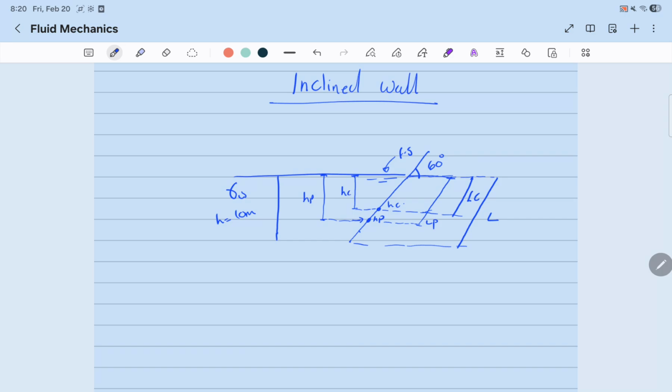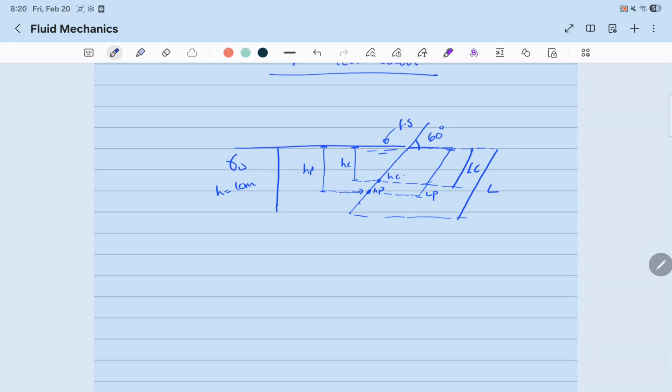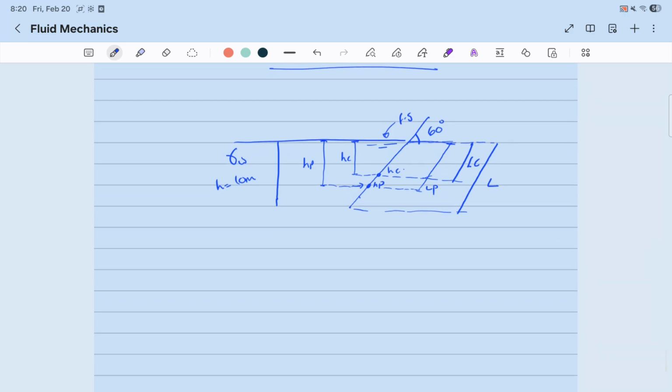Now, in order to solve the problem, remember I told you that if we're looking for the resultant force, it equals P average times A. This A, as I showed you before, is the area in contact with the fluid, which is width times length.